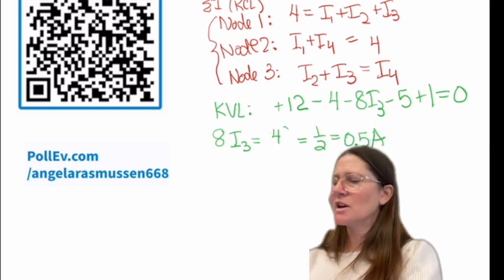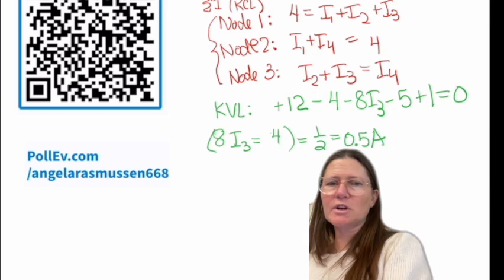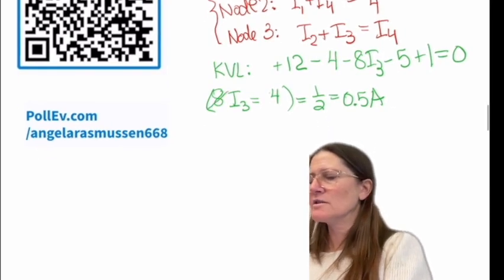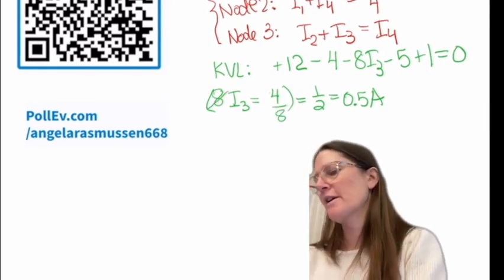So this is actually 8I3 is equal to 4, and then I just divide it by the 8 to get the 1/2.